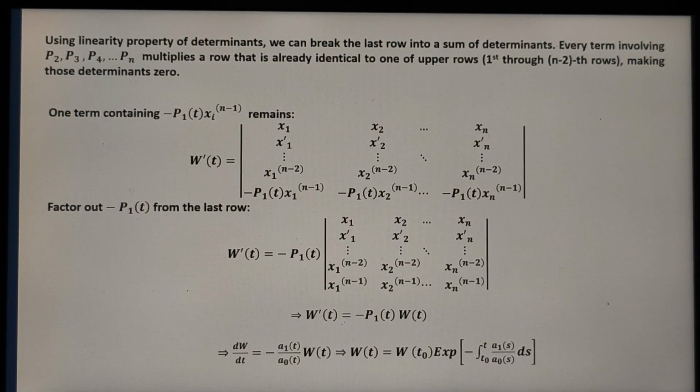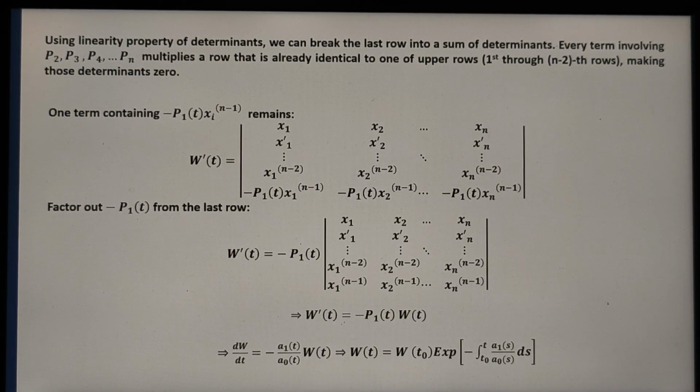Okay. We only take p1(t) common from the determinant, and from the last row we get W'(t) equal to minus p1 times the determinant. So the determinant is the same as the Wronskian determinant. That means W'(t) equal to minus p1 W(t).